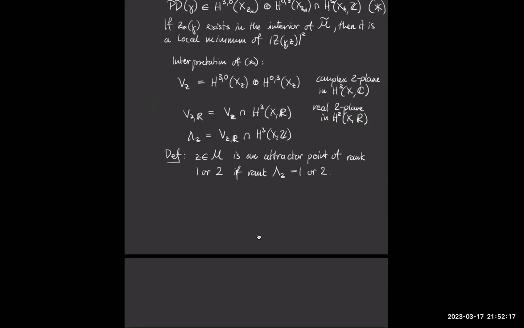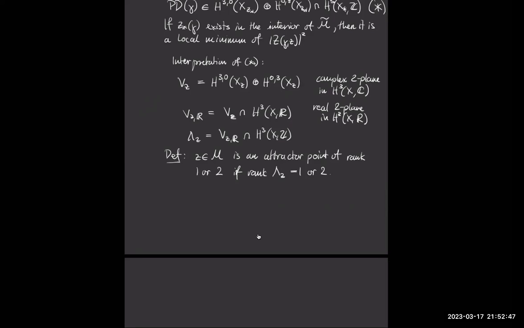So generically, you would expect that this lattice has rank 0 because you don't expect any real plane to intersect a given lattice. But then you can turn the real plane a little bit, and at some point it will hit a lattice point, and hence at least a one-dimensional sublattice.